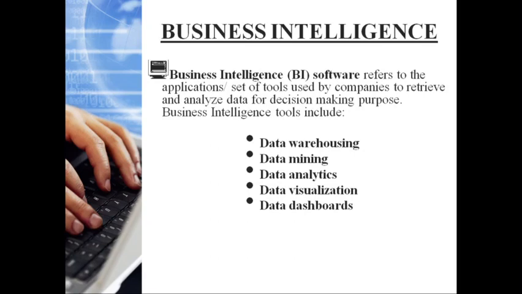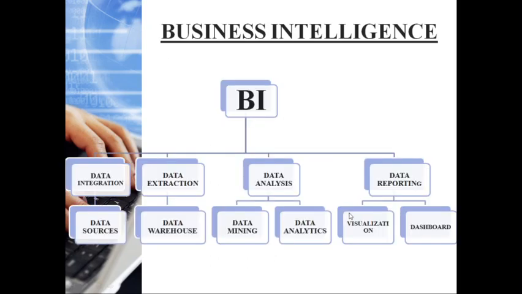Generally, the business intelligence tools that are used in an organization are data warehousing, data mining, data analytics, data visualization, and data dashboards. Moving on to how business intelligence works in an organization, how the business intelligence tools are implemented.